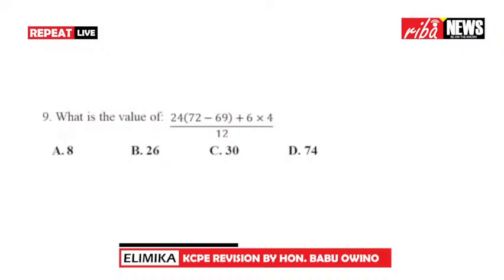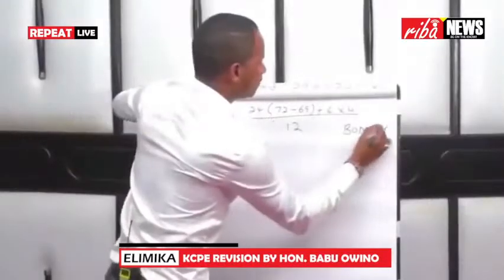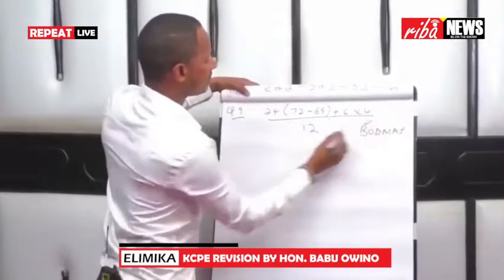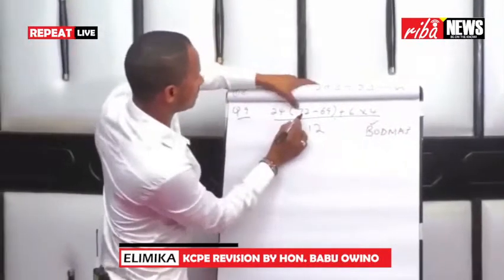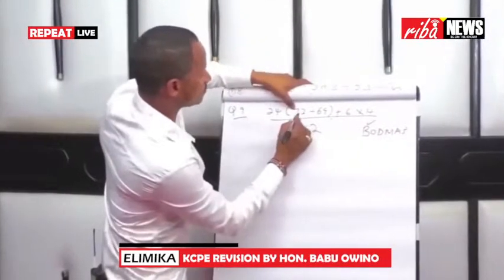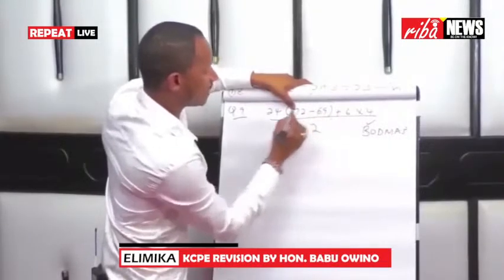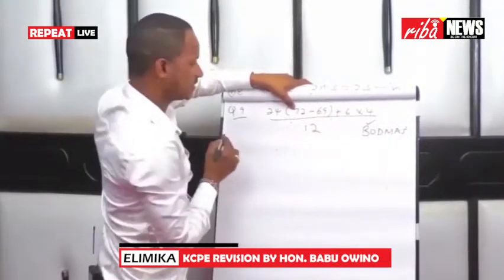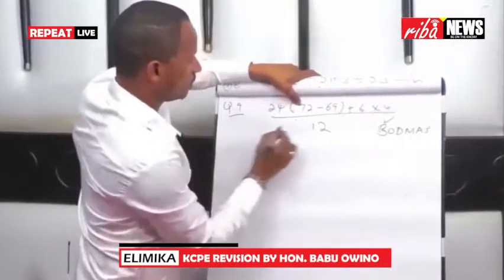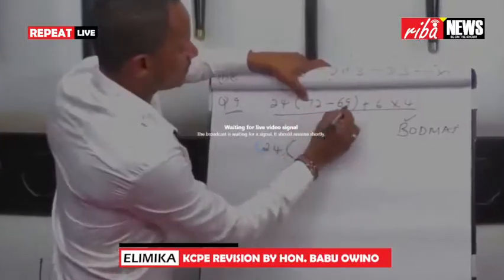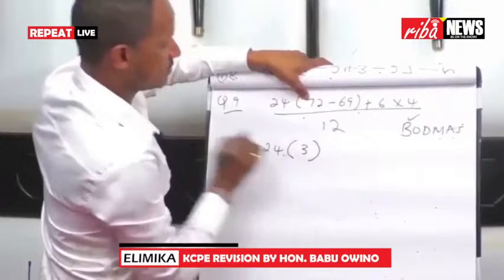So class, apply BODMAS. BODMAS is bracket. Yes, we have bracket. Bracket is 72 minus 69. So we have 24 of 72 minus 69 is 3.